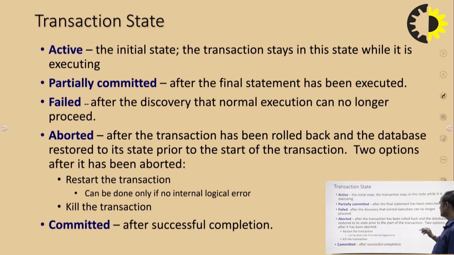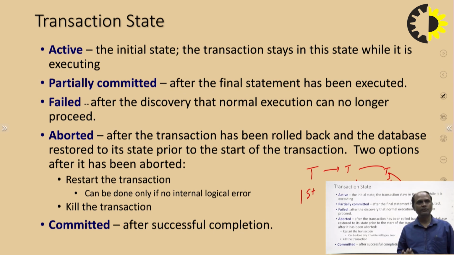Suppose we have a transaction T, and this is my first stage, and then it executes to a second stage T2, then a third stage T3, then T4. So this is the state of a particular transaction, how a transaction is executed from one state to another, and what types of states there are in a particular transaction.